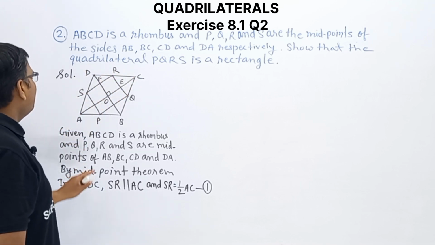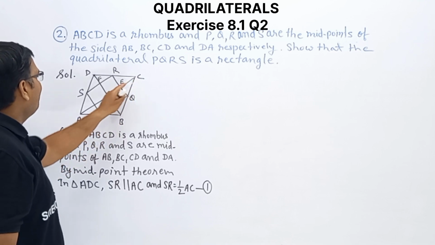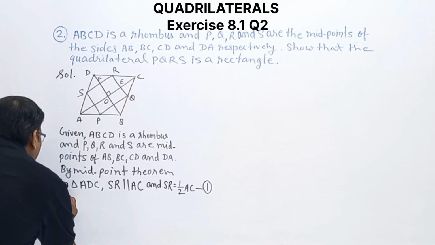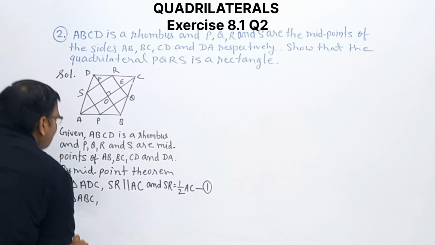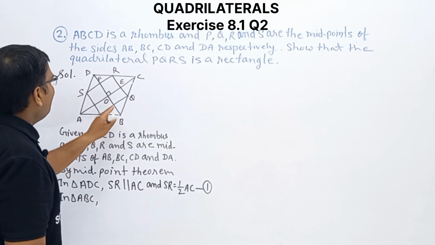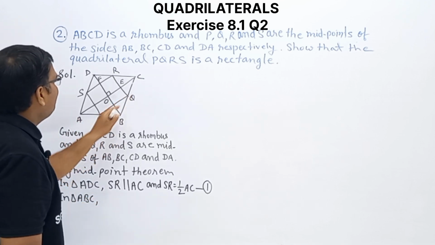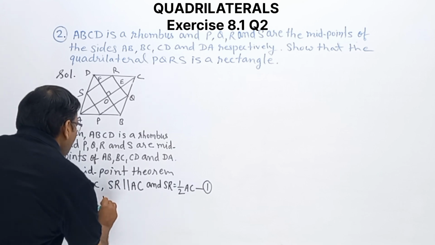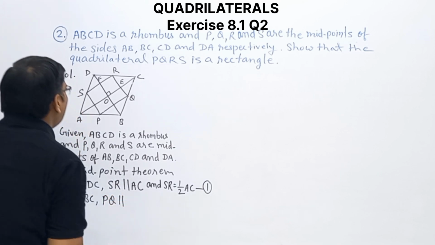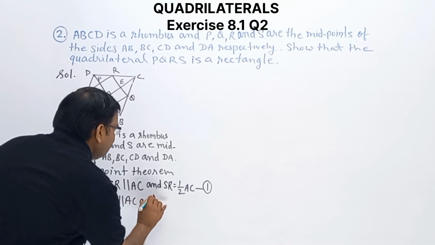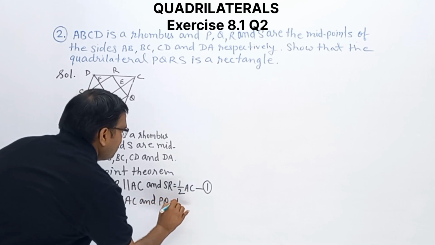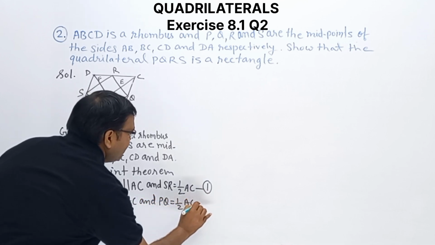Similarly, the midpoint theorem for triangle ABC. In triangle ABC, P and Q are midpoints of sides AB and BC. So PQ is parallel to AC and PQ is half of AC.